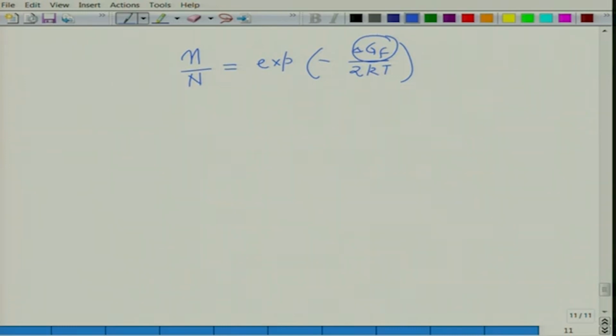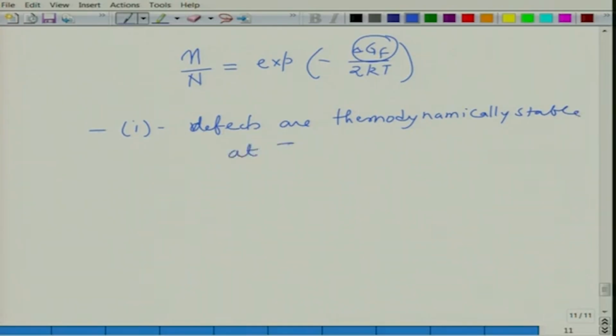So basically what it says is that, one, defects are thermodynamically stable at T greater than 0 Kelvin. As long as temperature is more than 0 Kelvin, they are stable.